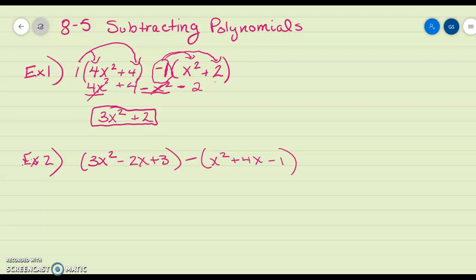Okay, so we're going to distribute a 1 to the first parentheses, which, if you recall, just drops the parentheses. We distribute a 1 to get rid of the parentheses.